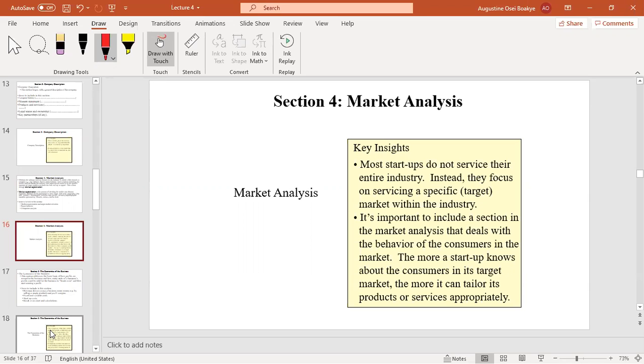So by capitalizing on consumer behavior and understanding why the consumers within your target market behave the way they do, it will also inform the sort of strategies you employ whenever you are marketing your goods and services to them.